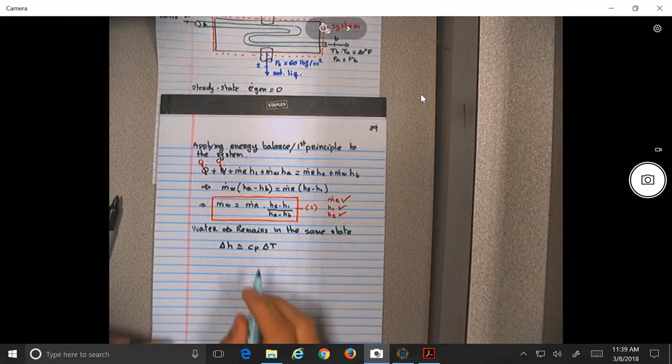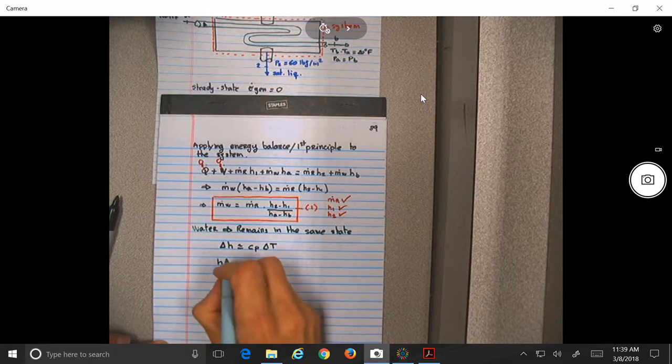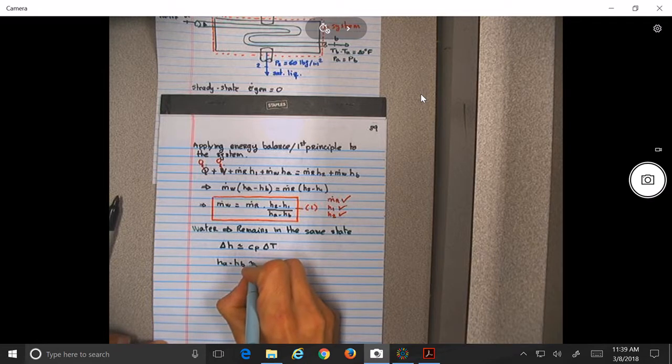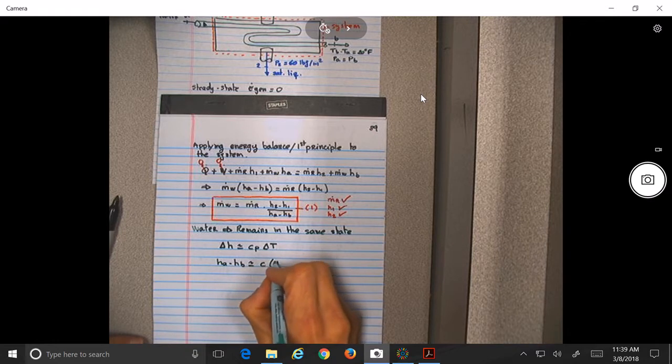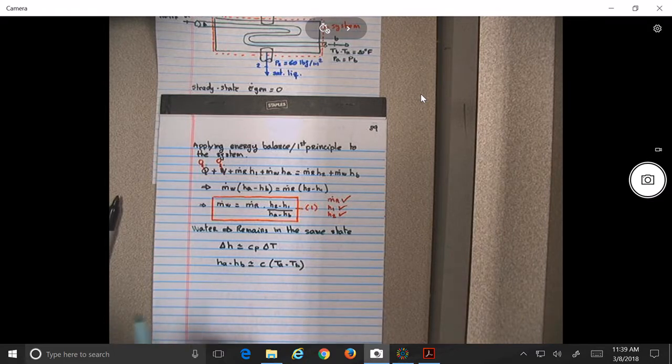So over here, I could approximate this by saying that H sub A minus H sub B is basically proportional to C times T sub A minus T sub B. I don't know why they give us T sub B minus T sub A.